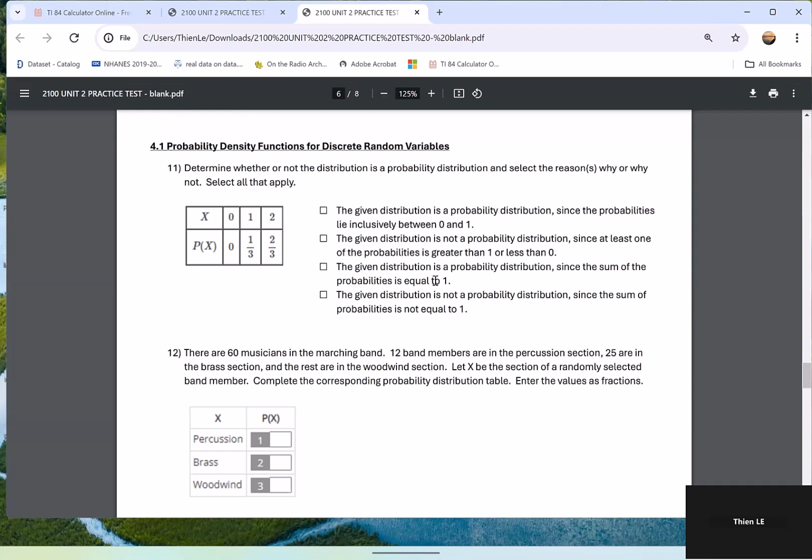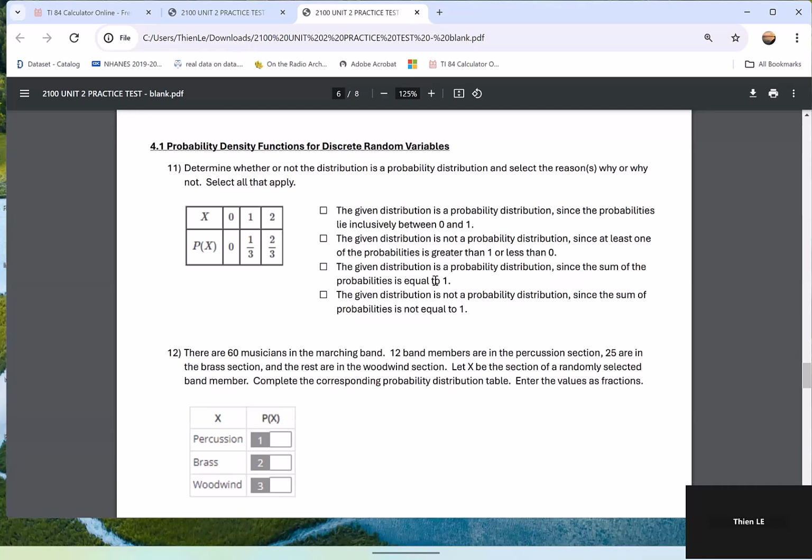To satisfy a probability distribution, we need three conditions. Each value is tied up with a probability, each probability must be between 0 and 1, and the sum is 1. The first choice: the given distribution is not a probability distribution since a probability lies outside 0 and 1.